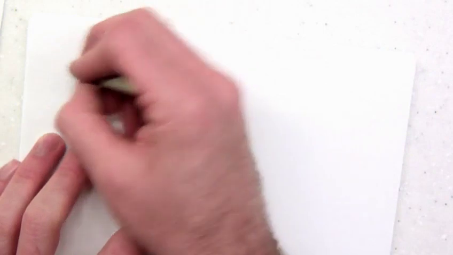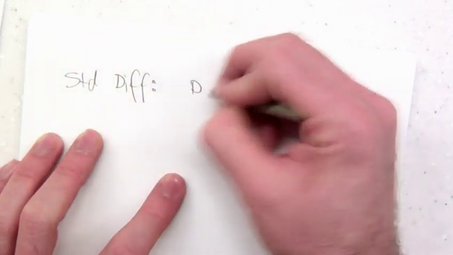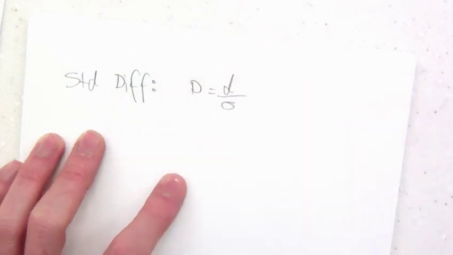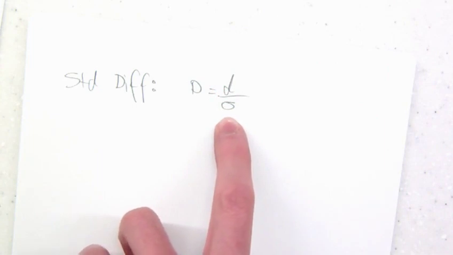So I'm going to do this live now. The standardized difference is the difference I'm looking for divided by the standard deviation. Now this standard deviation, you're thinking, well, if I haven't collected any data yet, how do I know what that is? Well, you get it from the last person who published something about this.